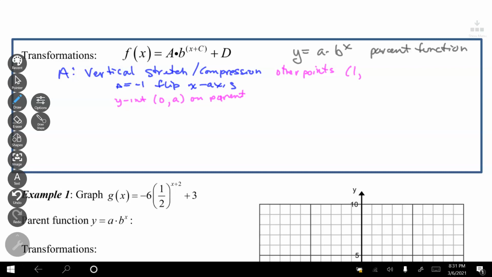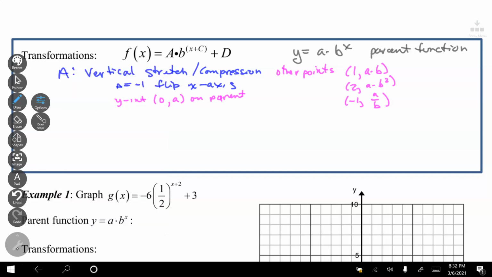So if I plug 1 in here, I would get a times b as another point. If I plug 2 in here, I would get a times b squared. If I went backwards and did negative 1, well, b to the negative 1 would be dividing by b, a over b. So the whole idea is that when I move to the right, I'm going to be multiplying by b, and when I move to the left, I'm going to be dividing by b. And these are other points on the graph to help me with my parent graph.